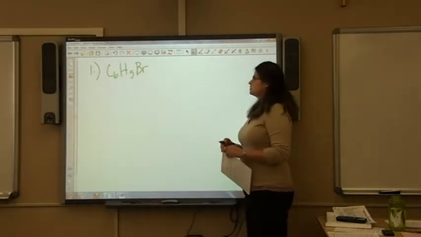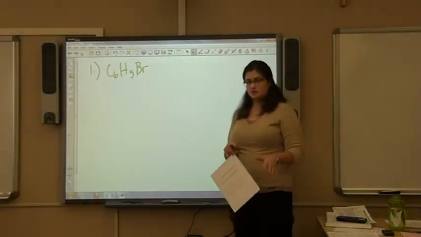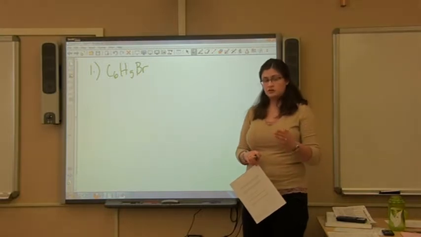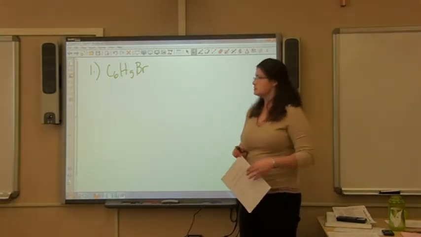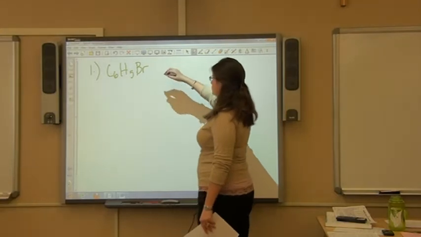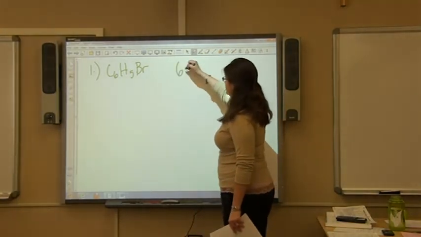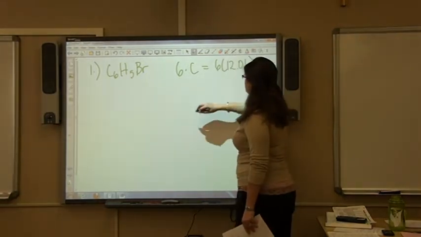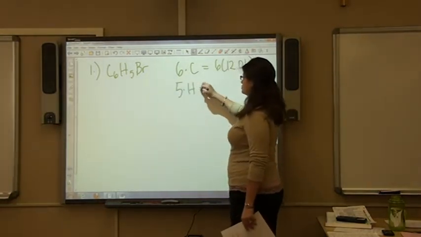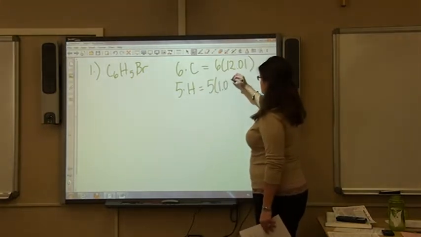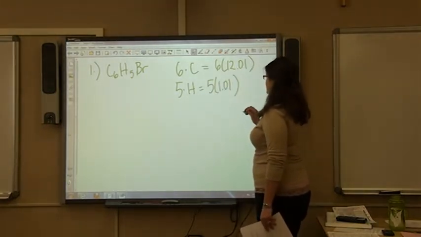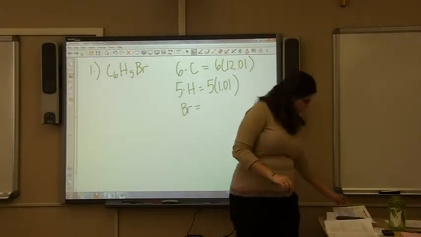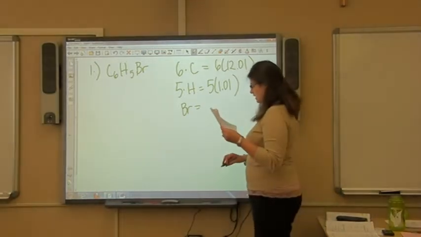Okay, for this problem we have 3 elements, carbon, hydrogen, and bromine. And now your carbon and your hydrogen are both appearing multiple times. So when you calculate your molecular weight here, you're going to have to take 6 times your carbon, so 6 times 12.01, 5 times your hydrogen, 1.01, and your bromine is 79.90.